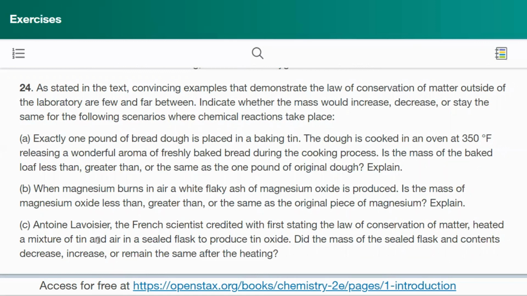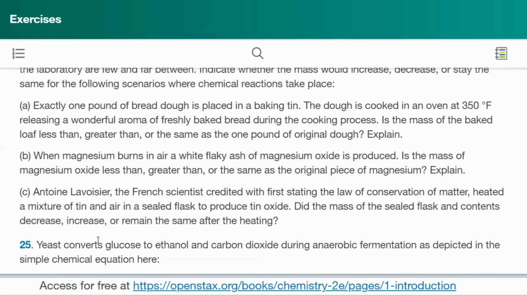That's my guess. B, when magnesium burns in air, a white flaky ash of magnesium oxide is produced. Is the mass of the magnesium oxide less than, greater than, or the same as the original piece of magnesium? It is greater than, because the oxygen combines with the magnesium, so we're adding mass.